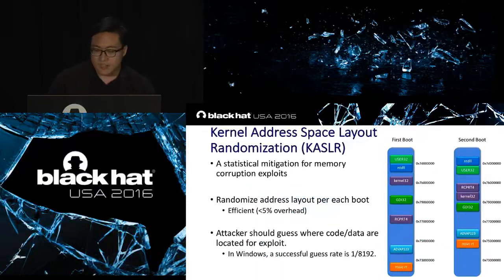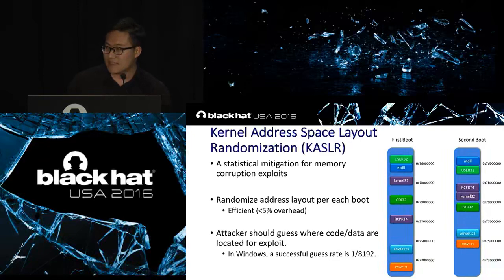In fact, kernel ASLR is a statistical mitigation for memory corruption vulnerabilities such as buffer overflow or use after free. The mechanism is very simple. It shuffles the address of the code and data on each boot or each load of a module or driver.